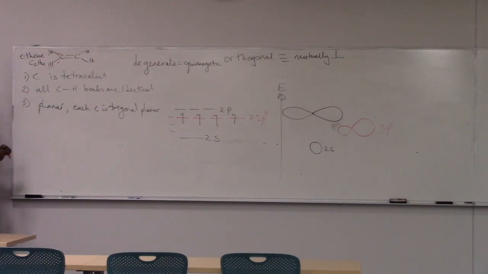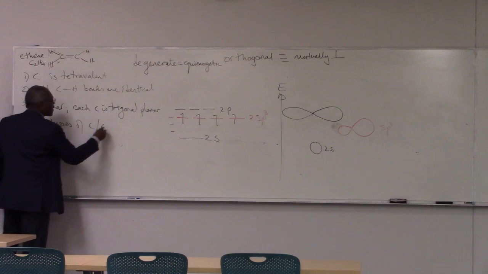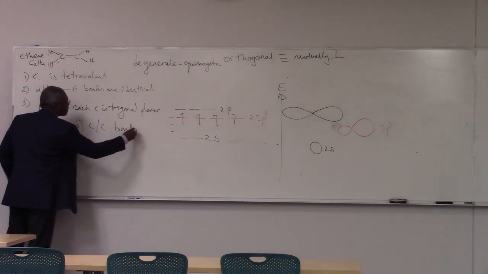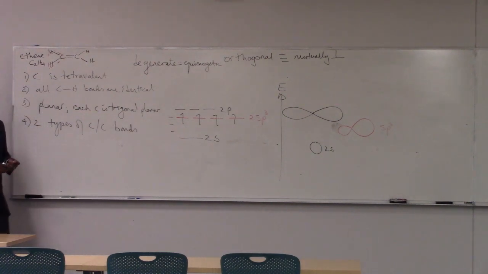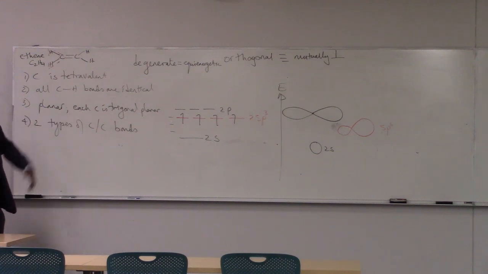But there's a fourth feature, which is there are two types of carbon-carbon bonds. Those are my observations of the carbon and the bonding in ethene.